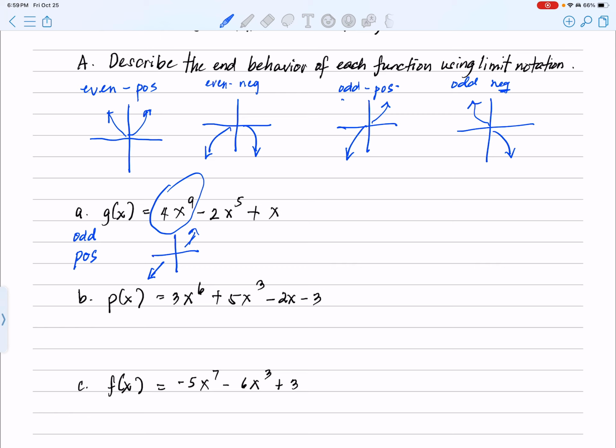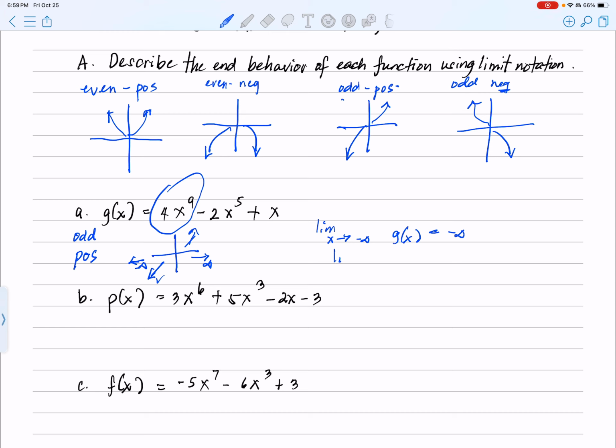So we can start saying that the limit, this is to the positive x, and this is to the negative x. The limit when x approaches negative infinity, the g of x is negative.